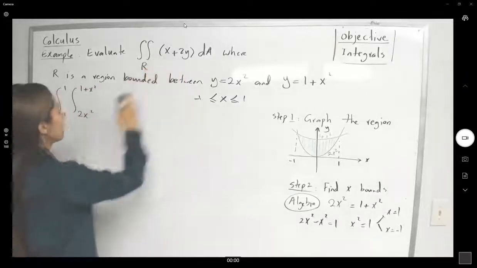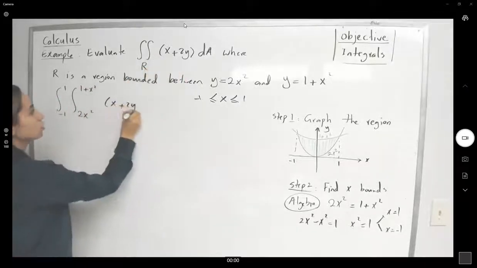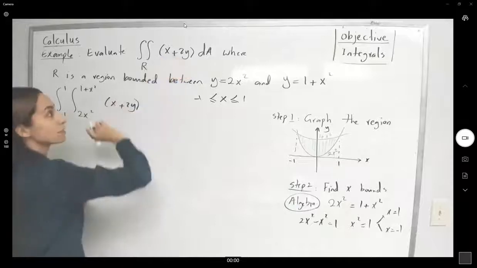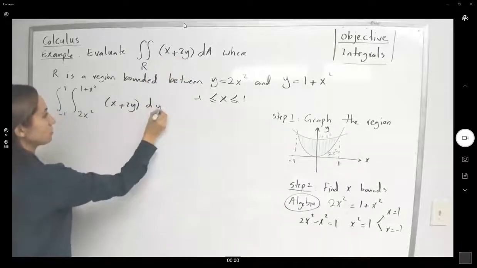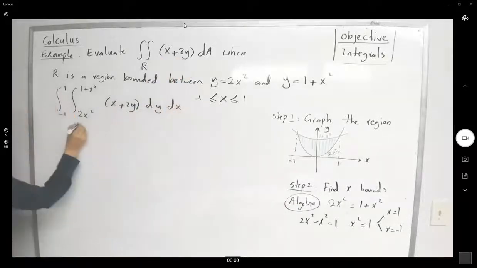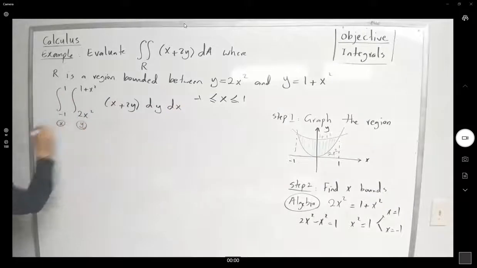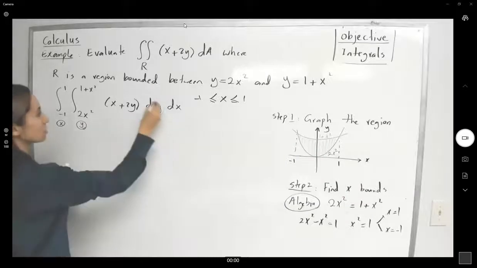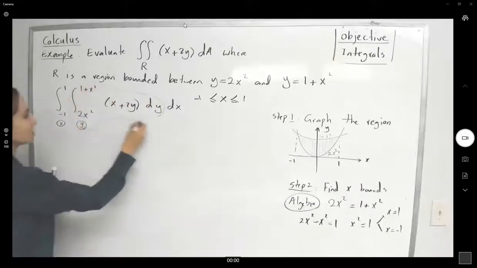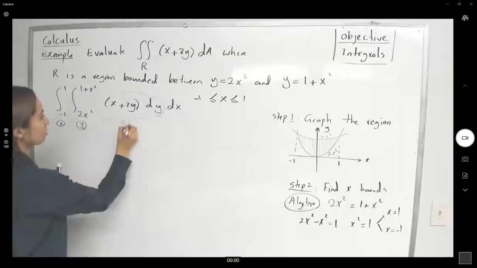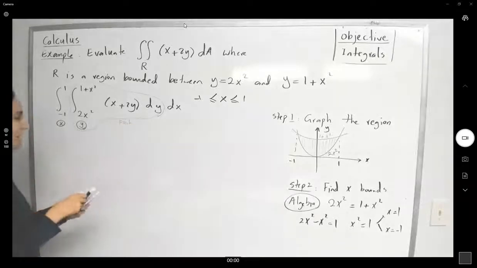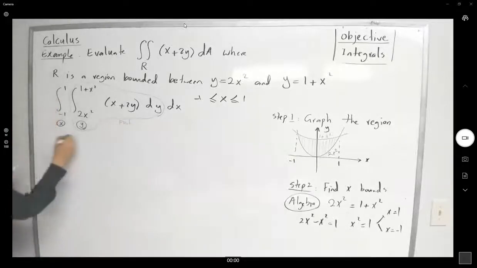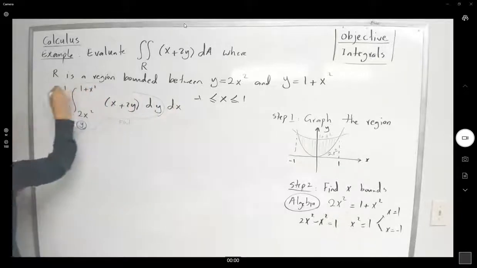And here you have x plus 2y as the height. And then dy dx. This is your y and this is your x. So the inner integral is your first integral to calculate. And then you move on to calculate the outer integral or second integral.